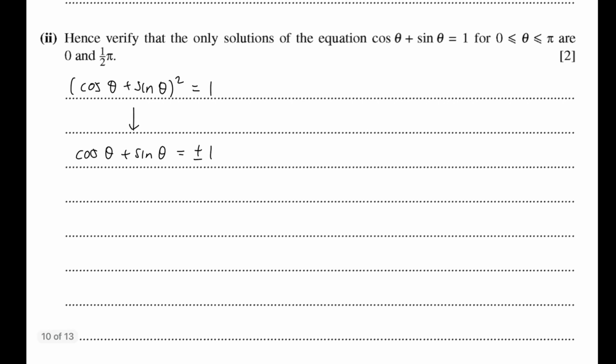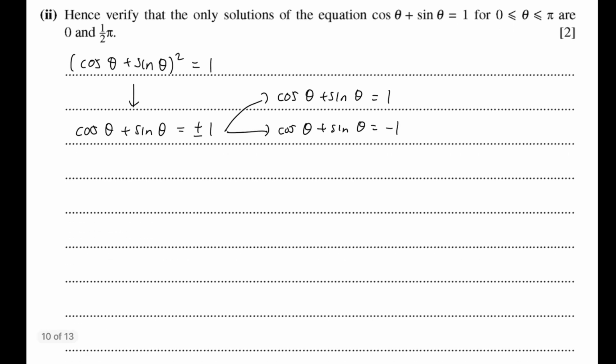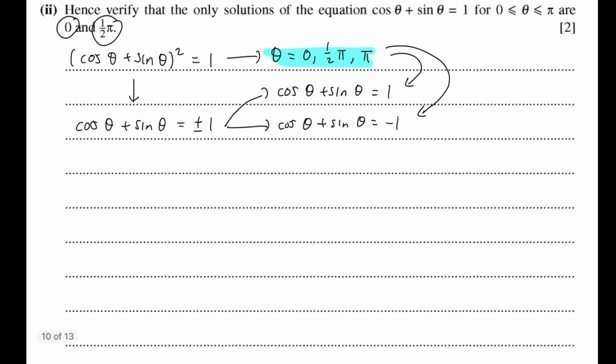So there are two options, either cos theta plus sin theta equals 1 or cos theta plus sin theta equals negative 1. Now, to verify that the only solutions are 0 and 1/2 pi, we know that the solutions for this are 0, 1/2 pi, and pi. So we need to substitute these solutions to know where each belongs, to this one or to this one.